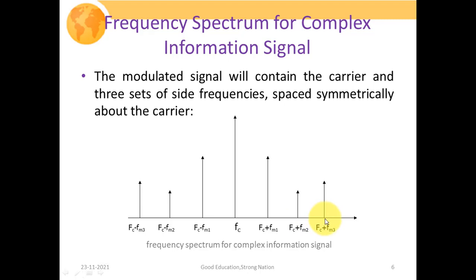This is your third upper sideband component associated with your fm3. And similarly, this shows the lower sideband components associated with your first frequency component, fm1. This is for your fm2 and this is for your fm3. So this figure is basically showing the spectrum of this composite AM modulated signal.